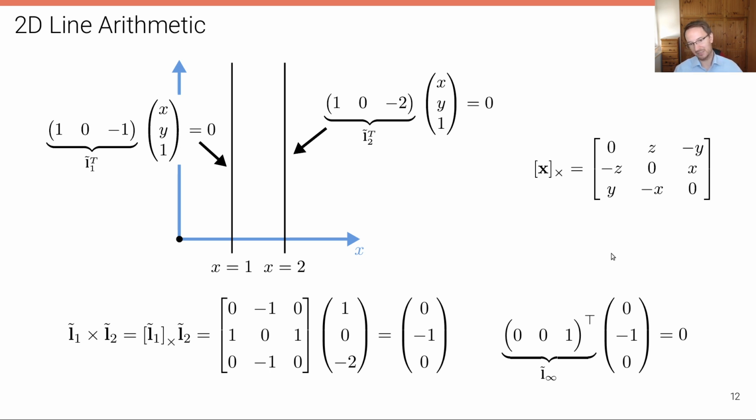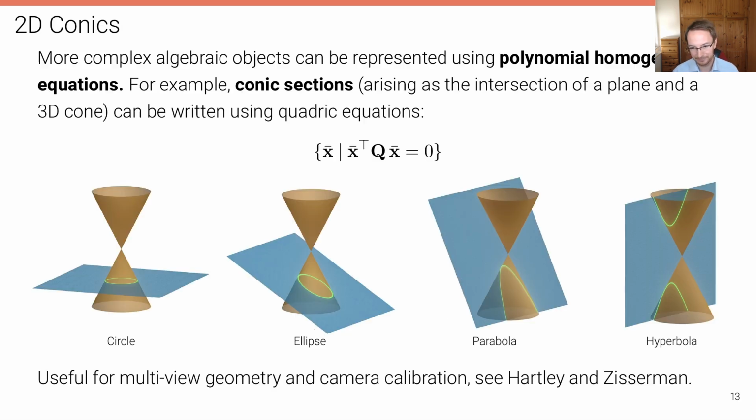Okay, so we've seen that homogeneous coordinates allow us to express points at infinity and very easily the relationship between lines and points. We can also represent more complex algebraic objects using homogeneous equations. For instance, if we go from linear equations that we had discussed so far to polynomial equations like quadratic equations, we can express conic sections.